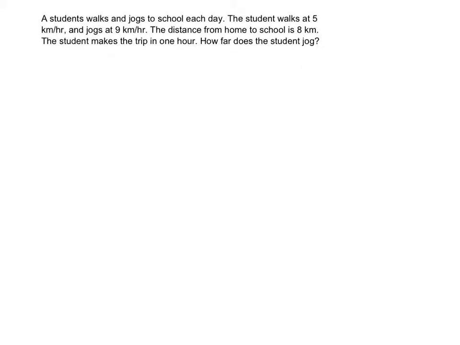So read this one. Sure is a lot of information. Got a student walking part of the trip, jogging part of the trip. We know how far he goes, and we know how long the trip takes. And the question is, what portion of the trip does the student jog?